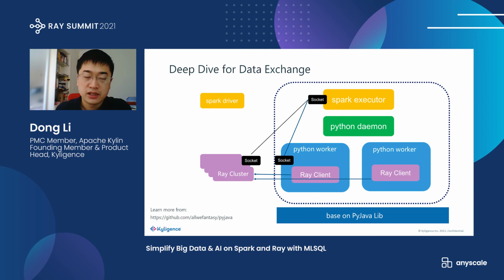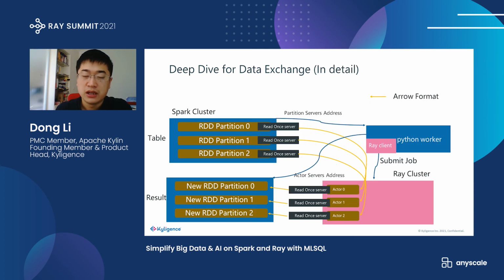Next, let's take a look at the details of how data exchange happens between Spark and Ray. Let's start from this diagram about the data flow. Firstly, we have a table in the form of a Spark RDD, and we want to process it on the Ray cluster.